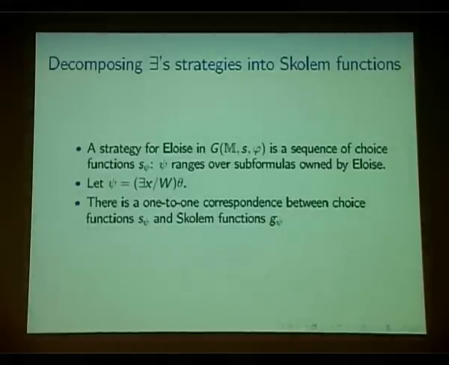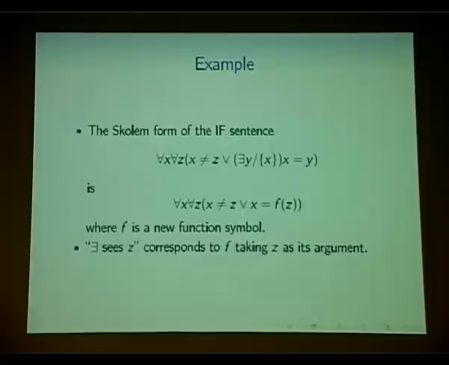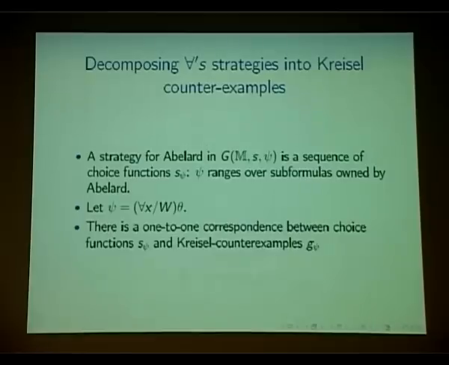That's straightforward, you just have to take care that the arguments of the Skolem functions are actually the values that Eloise sees. I'm running out of time, and decomposing Abelard's structure into Kreisel examples is also straightforward.